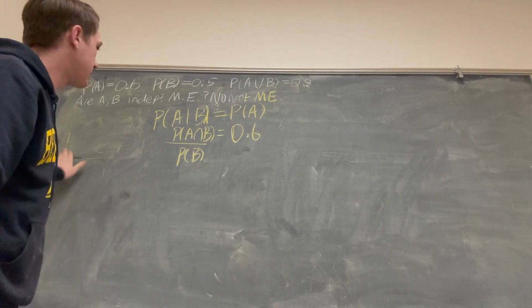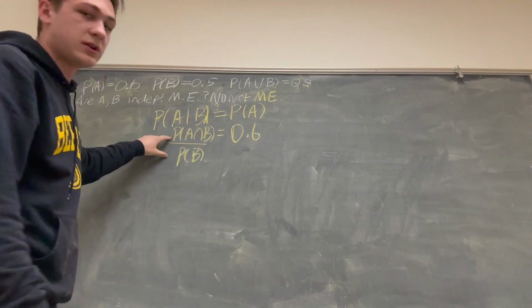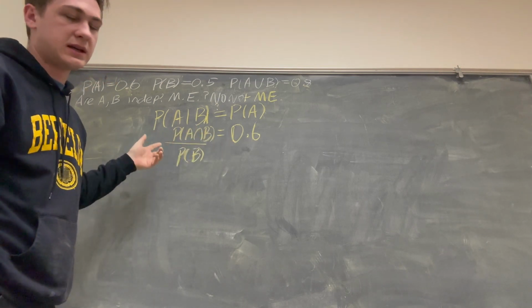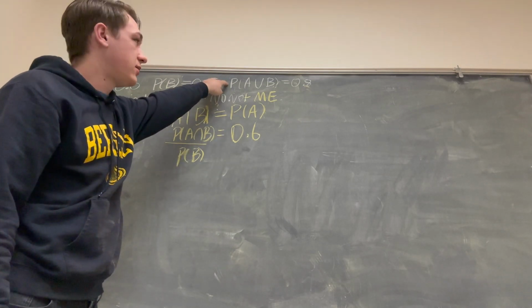So we know probability of B is 0.5. Now we create a new problem for ourselves: A intersect B, what the heck is that? We can actually solve this because we know what A union B is.